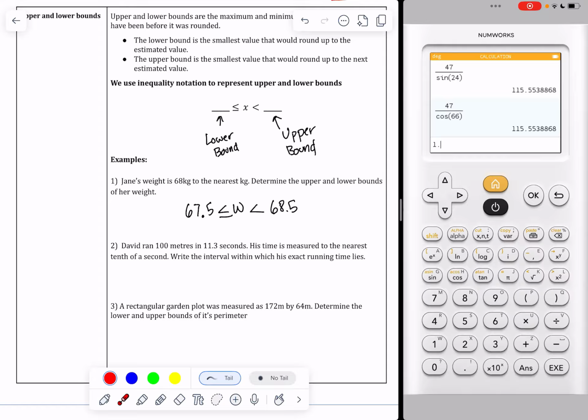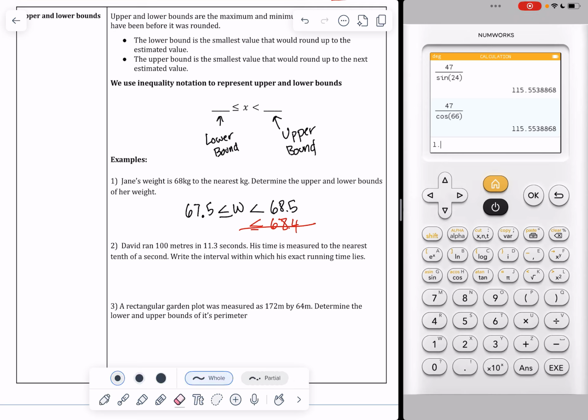Sometimes students will still want to use the less than or equal sign and do 68.4. Don't write this down, I'm going to erase it. We don't want to do this because that removes values like 68.49999.